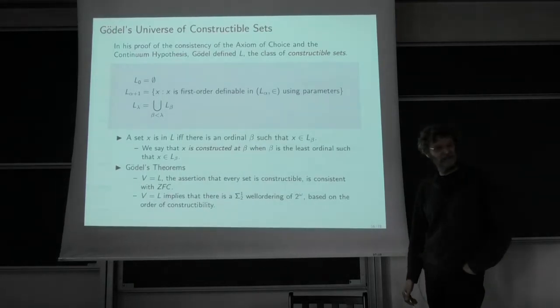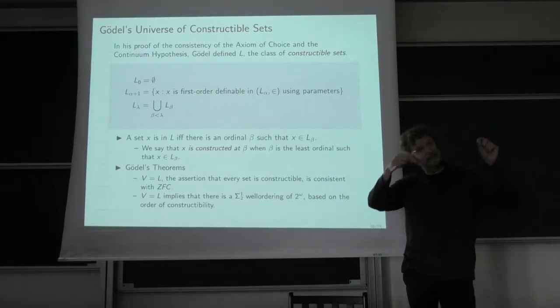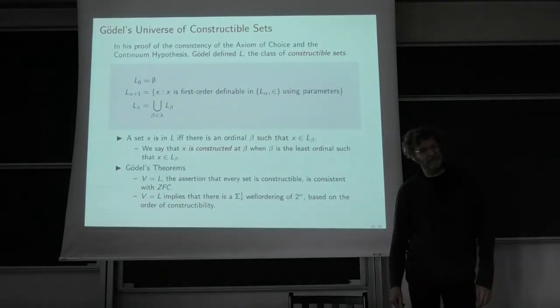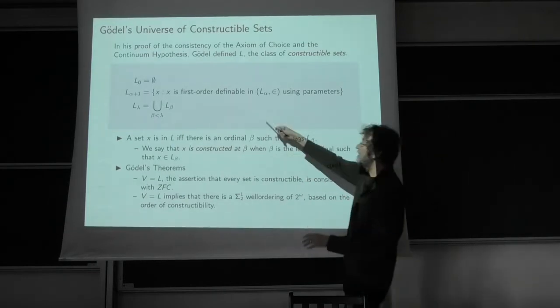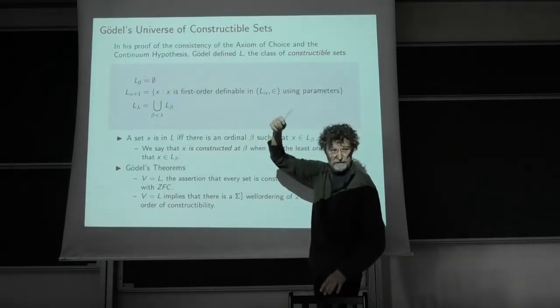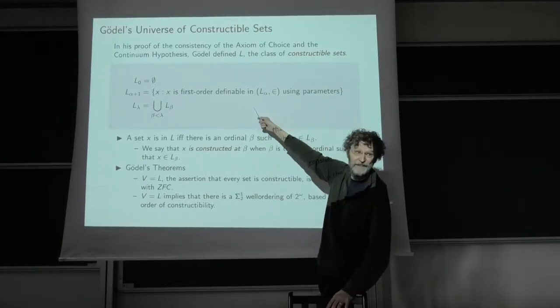And obviously you're defining some L alpha plus 1 minus L alpha. So how do you define the order if you're constructed at the same ordinal? Oh, then you compare the definitions that were used. So you order the formulas and you order the sets you've already constructed.